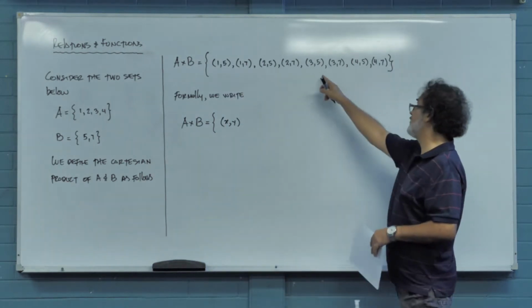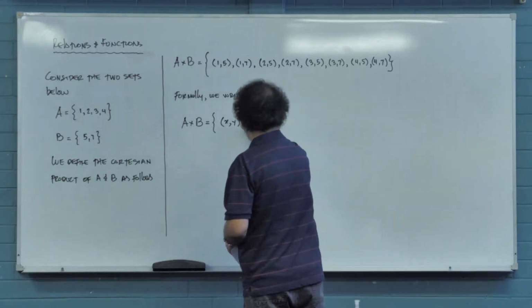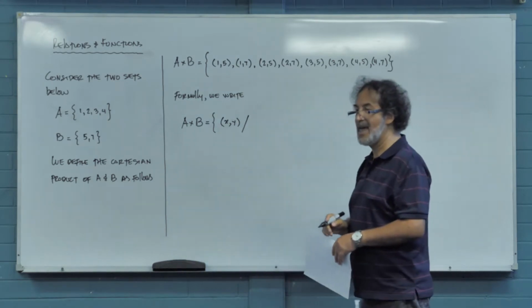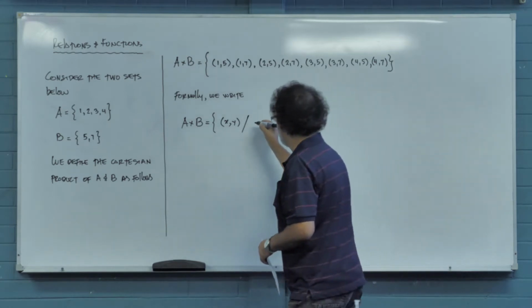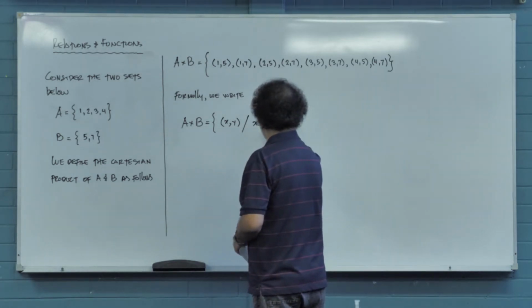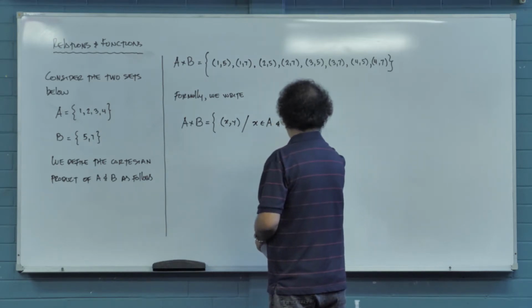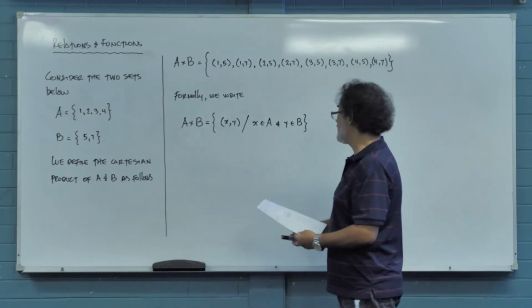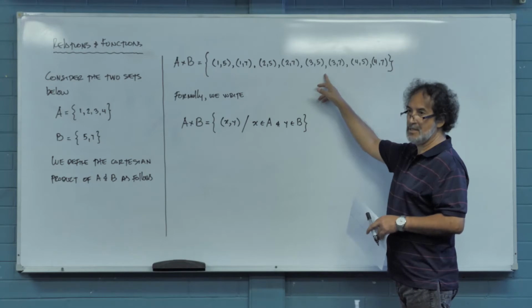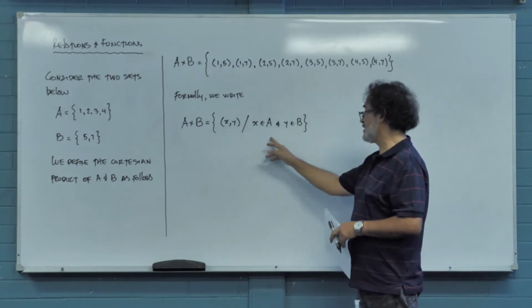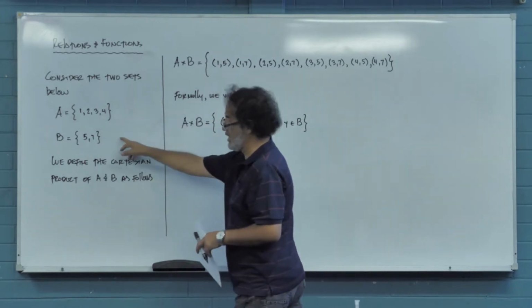So you can see here we have an x value and we have a y value, such that, where this line means such that in mathematics, x is coming from A and y is coming from B. This is an implicit way of writing this. So this makes sense: x is coming from A and y is coming from B. That's all we're saying.